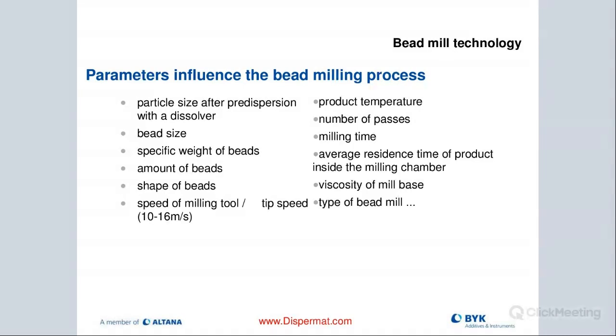Again, the bead size plays a very important role, the weight of the beads, the bead volume. There are always tables for each of the different milling systems that describe exactly what percentage of beads you need to put into the system to have the optimized bead loading.